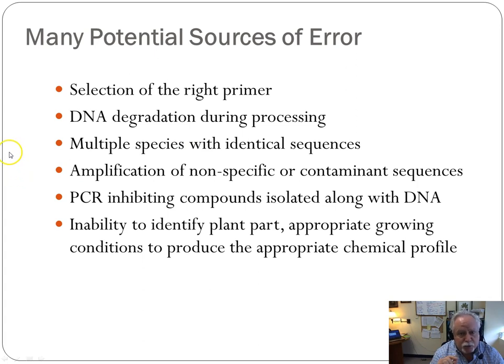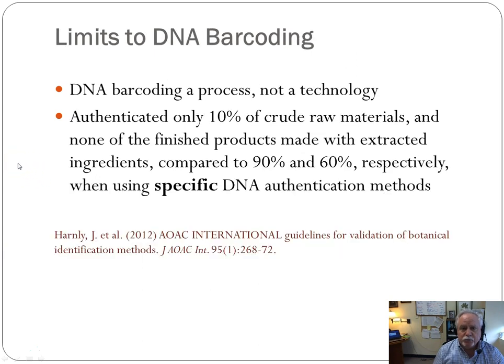We are using those primers to amplify the amount of DNA so we can see it, which means we're also amplifying non-specific DNA or contaminant sequences. And the other part of it is in DNA, we can't identify the plant part or whether the appropriate growing conditions were used or if it has the appropriate chemical profile. So DNA is a limited tool.